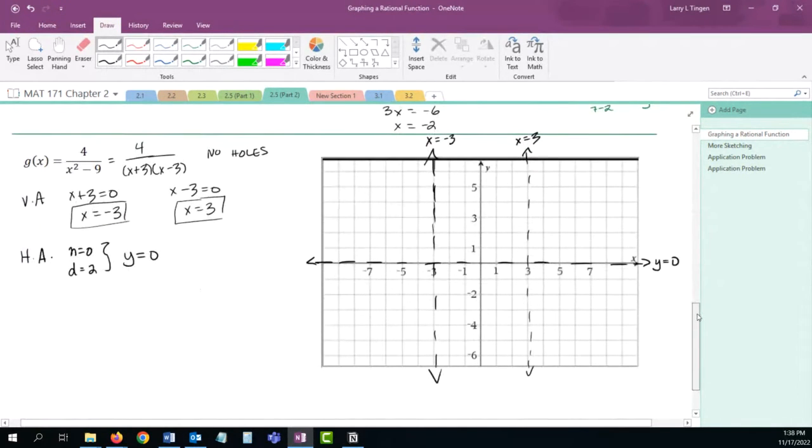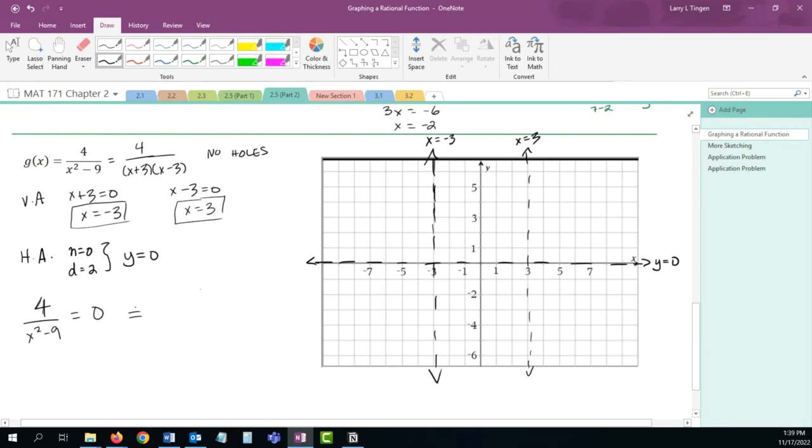Next step, part 2 of my procedure. Determine any points where I cross the horizontal asymptote. Okay, so take my original equation over x minus 9, and I set it equal to my horizontal asymptote. My horizontal asymptote is 0.